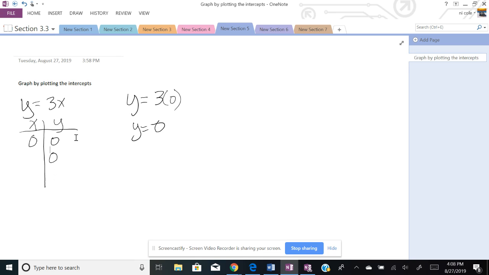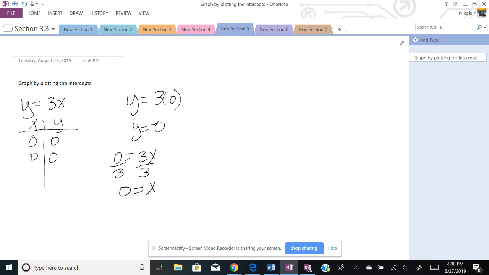Now I've got a problem because I got the point 0, 0. And if I plug the 0 in for y, I'm going to find out 0 is equal to 3x, divide by 3, divide by 3, 0 is equal to x. So now I've got the same point again, which doesn't help me. I need two unique points, okay?